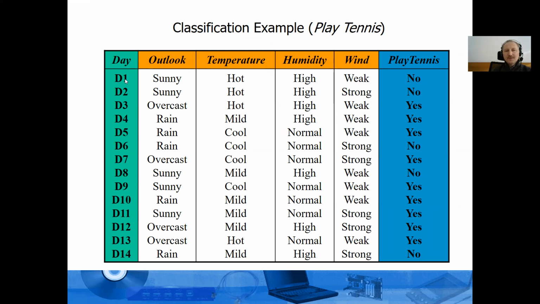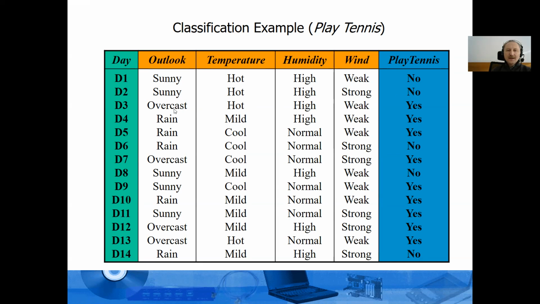On the first day, for example, they observed that outlook was sunny, temperature hot, humidity high, wind weak, and they didn't play tennis. Another day it was sunny, hot, high humidity, and strong wind, and they didn't play tennis again.